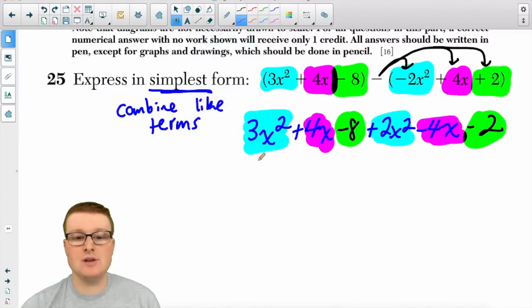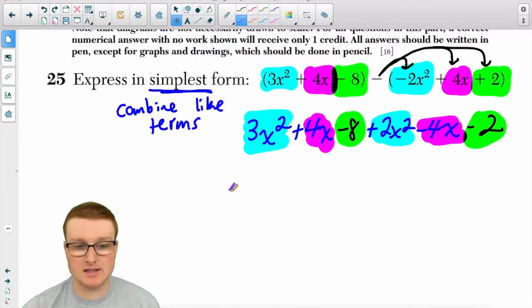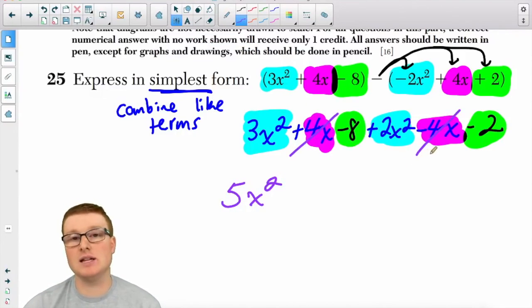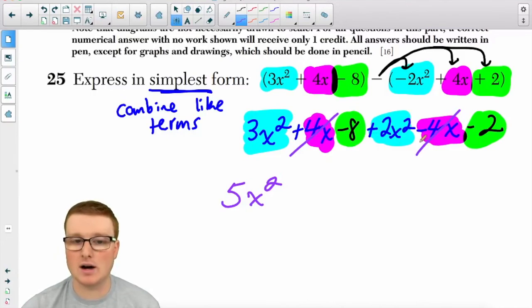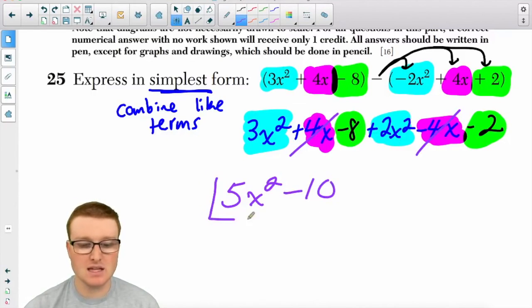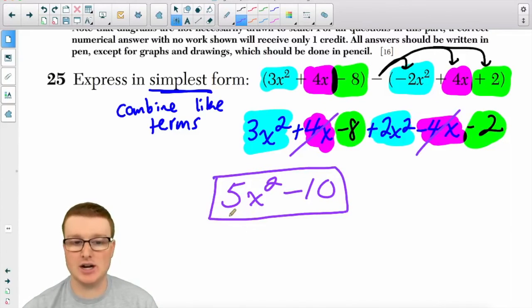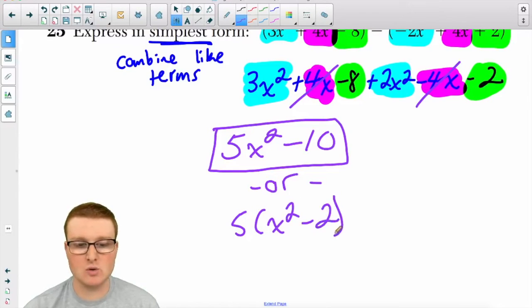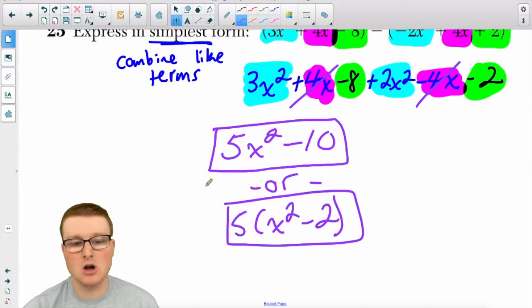So, 3x squared plus 2x squared is a 5x squared. A 4x and a negative 4x actually just cancel out completely. Negative 8 plus a negative 2 gives you a minus 10. Ladies and gentlemen, 5x squared minus 10 is your answer. Or if you wrote it as 5 times x squared minus 2, that is acceptable.